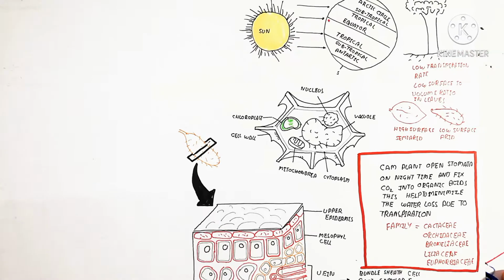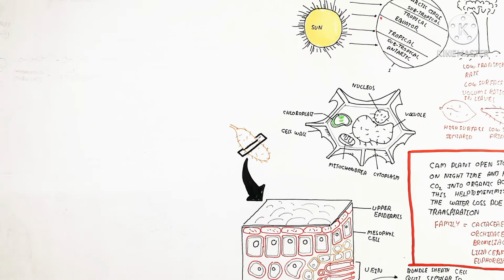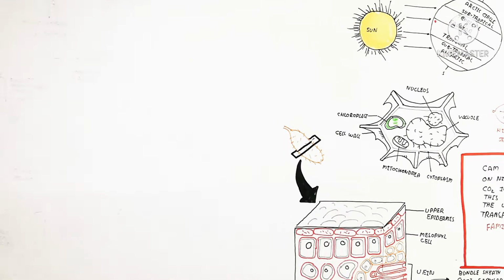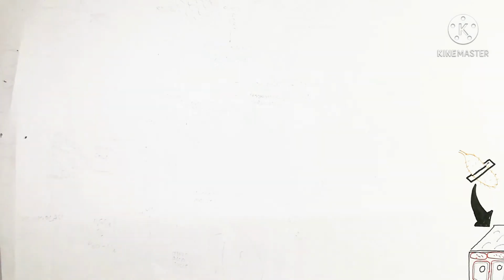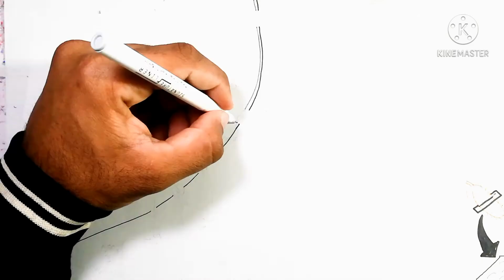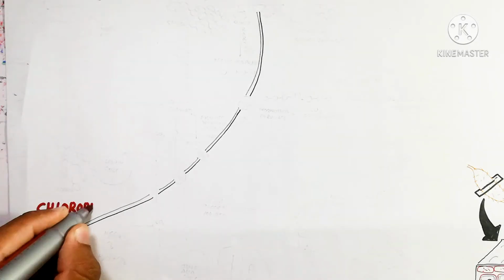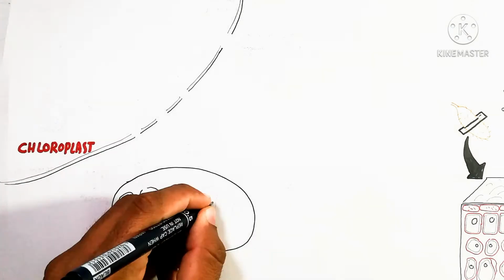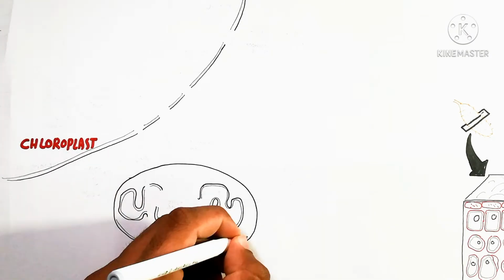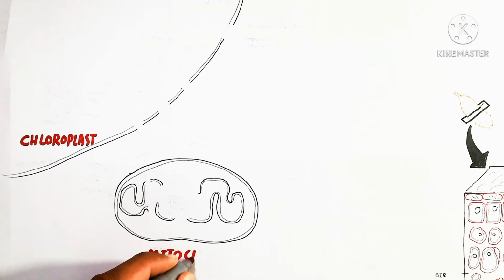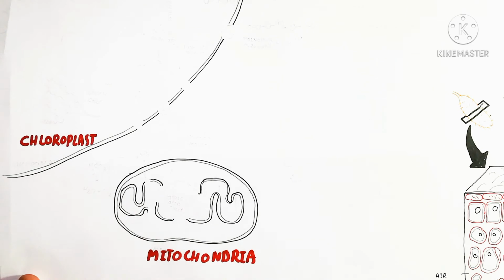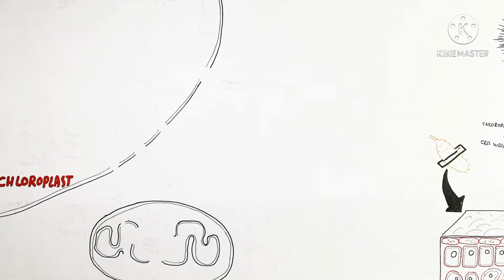The cell wall is made up of the polysaccharide cellulose, made of alpha and beta sugar subunits. Here I will draw a chloroplast, and here is the mitochondria, and here is the vacuole, present in the cytoplasm.